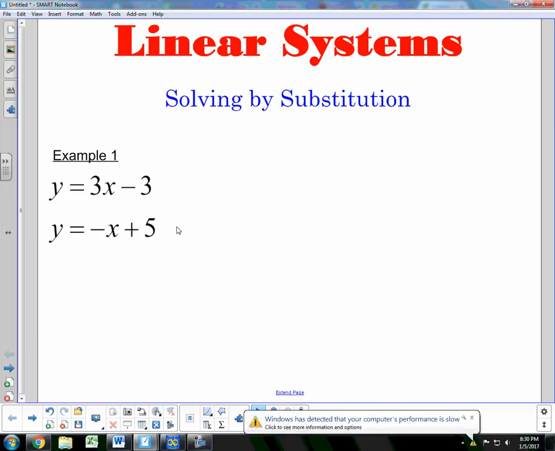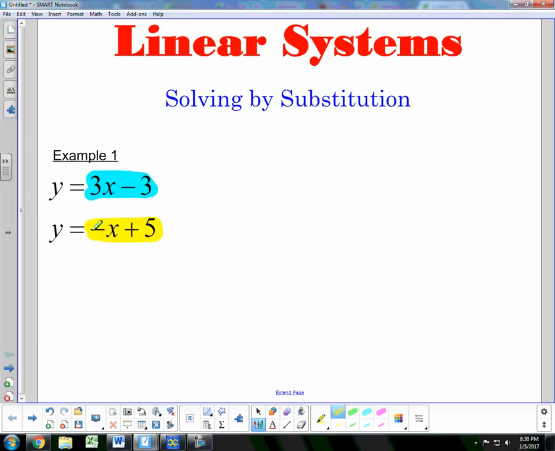Okay. All right. So now that we have them both in this form, y equals 3x minus 3 and y equals negative x plus 5. Since we want to know when they intersect, that means when the x and the y are equal to each other, well, we want to know when this 3x minus 3 is going to be equal to this negative x plus 5 because they're both equal to y, and y must be equal to itself.